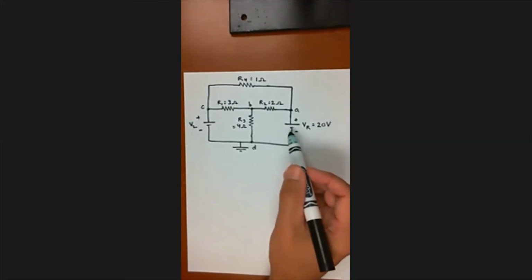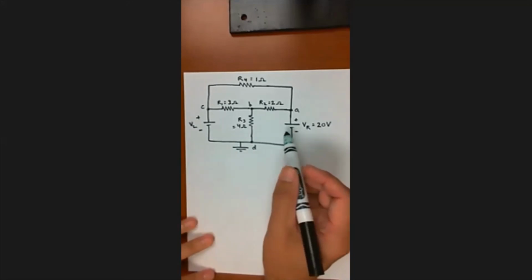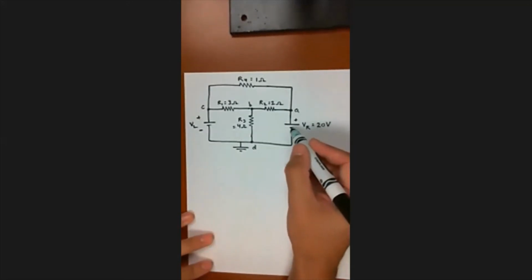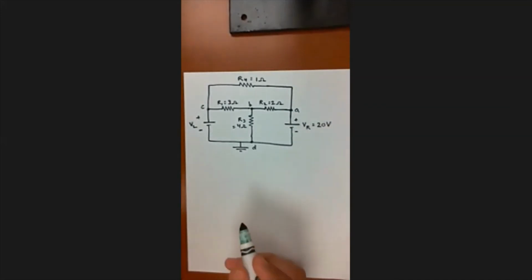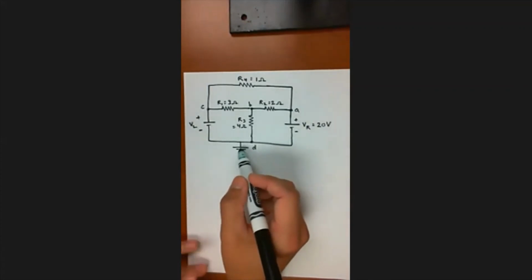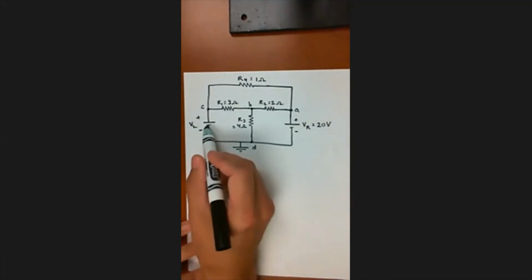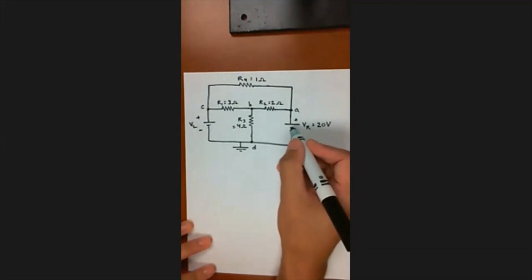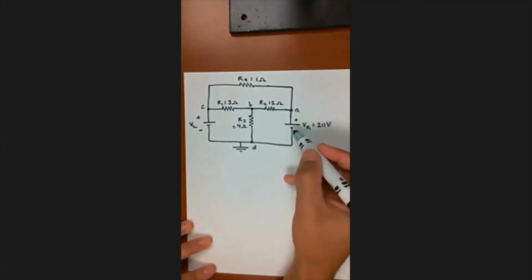So don't automatically assume that the negative side here is at 0 volts, and don't assume that over here either. You can only assume that ground is at 0 volts. Oftentimes it will be connected to the negative side of the battery, but not always. Don't assume this is 0 volts just because it's the negative side of the battery.